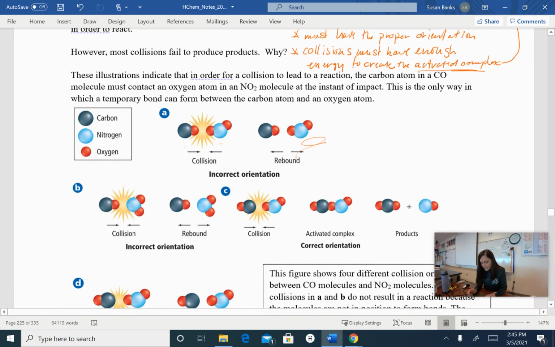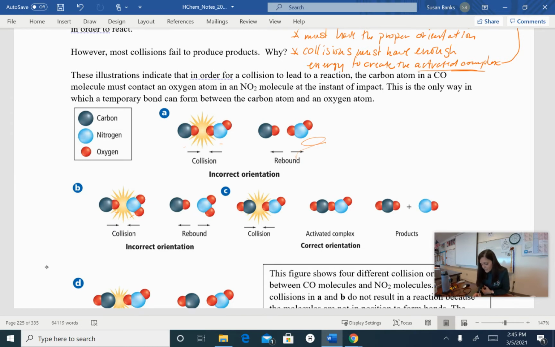If I have the oxygen hitting the nitrogen on the nitrogen dioxide, once again, I don't need the oxygen side of the carbon monoxide hitting nitrogen. I need the carbon side hitting an oxygen.